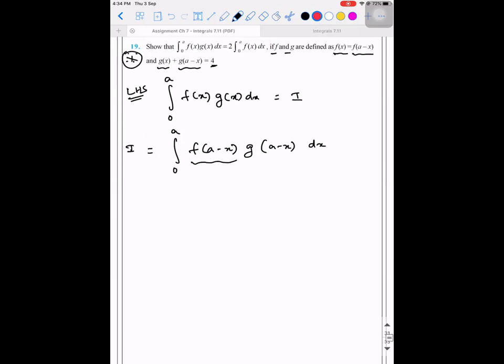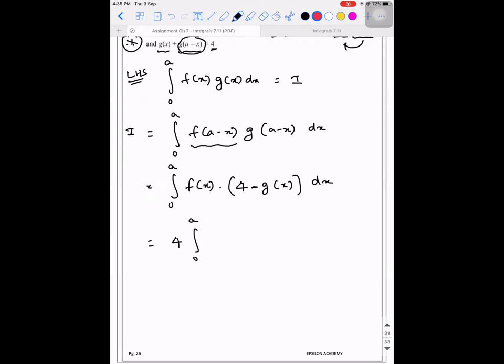But what is f of a minus x? It is f of x. So integral of 0 to a f of x into g of a minus x is what? 4 minus g of x. Correct. So you get this as 4 times integral of 0 to a f of x dx minus integral of f of x into g of x dx.